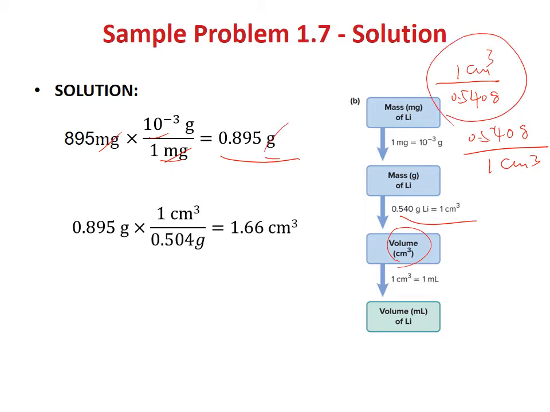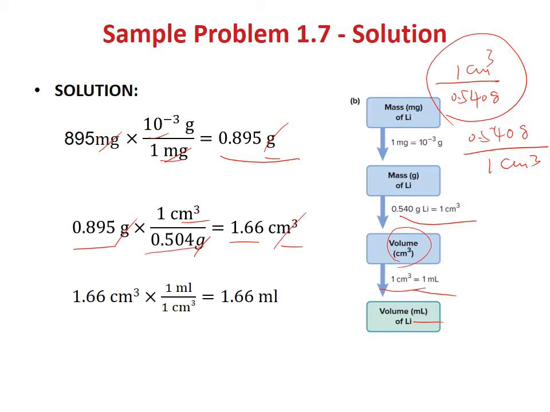That cancels the gram and gives you cubic centimeter: 0.895 divided by 0.540 gives you 1.66 cubic centimeter. Next we want to change to milliliter, and we know 1 milliliter equals 1 cubic centimeter. Since we want to cancel the cubic centimeter, we put 1 cubic centimeter in the denominator. That gives you the final answer, 1.66 milliliter.